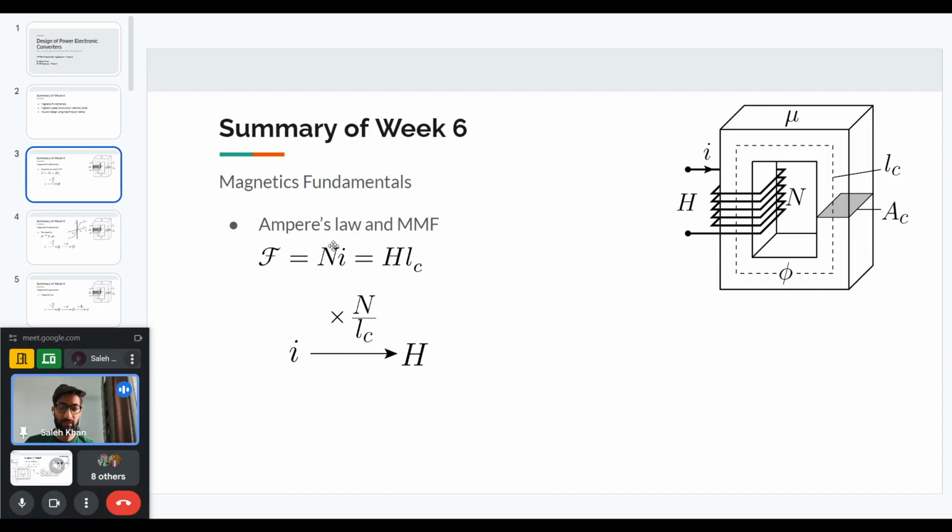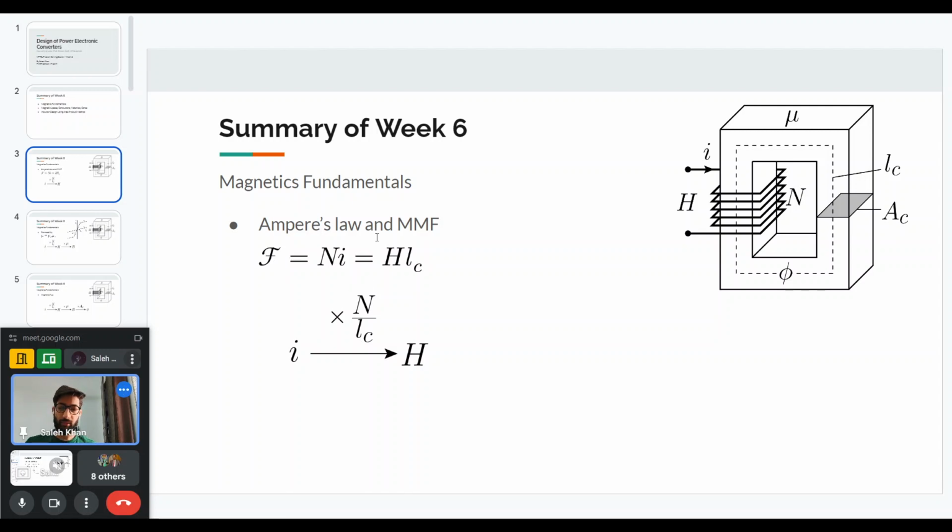If we assume that in this magnetic core, the magnetic field intensity is uniform and parallel to this path length, then we can simplify Ampere's law and write it as Ni, the product of the number of turns and the current carried by these turns, equal to the magnetic field intensity times the magnetic path length. This product Ni is also called the magnetomotive force, MMF, denoted by F here, which we'll see can be used in magnetic circuits.